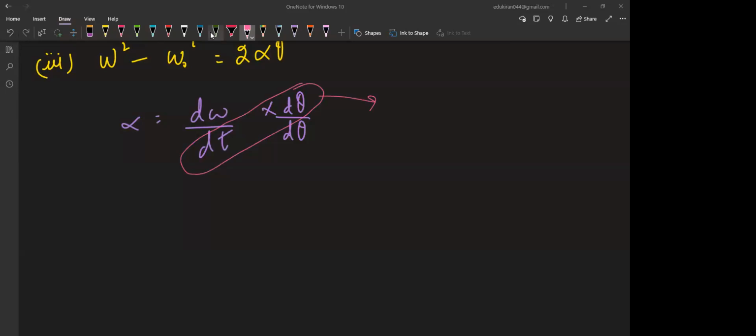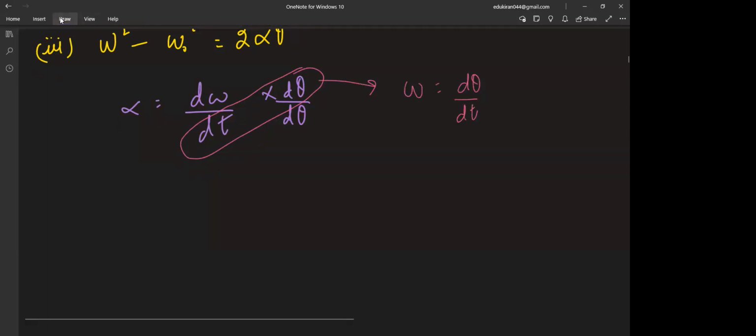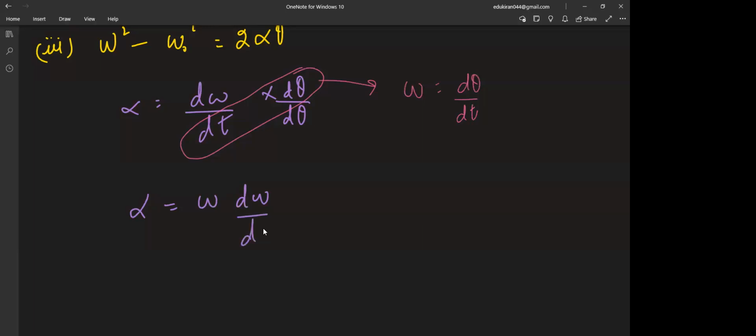What is it? Angular velocity. It is actually angular velocity. Omega is d theta over dt. Yes, right. Now see, it means this is omega. So what is alpha? Alpha is omega d omega over d theta, right?